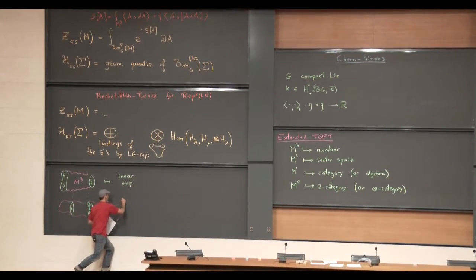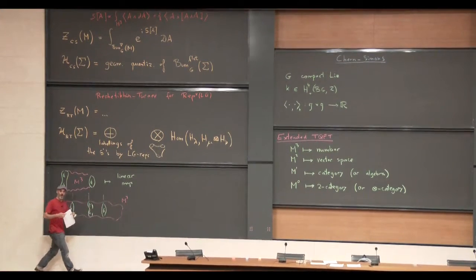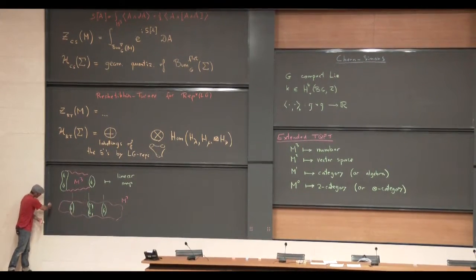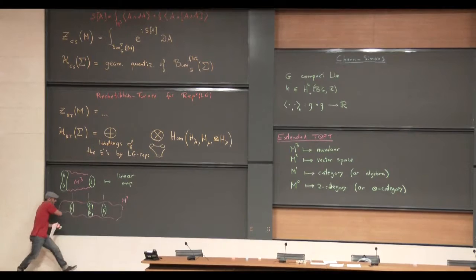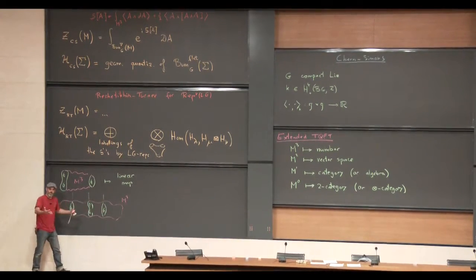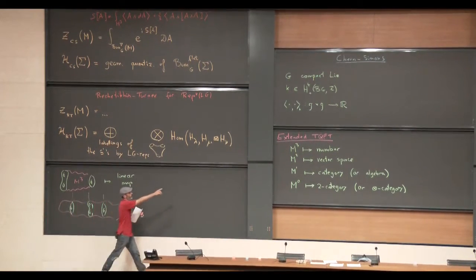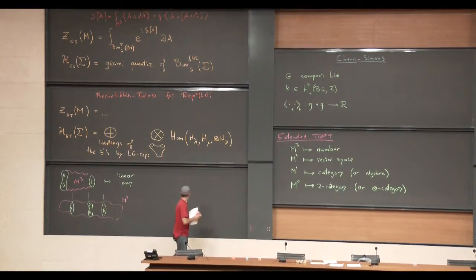If you take those maps and compose them, you end up with a map from the thing associated with the empty manifold, which is just the one-dimensional vector space C, the complex numbers, from C to C. And a linear map from C to C is a number, and a number is exactly what we want for a three-manifold.